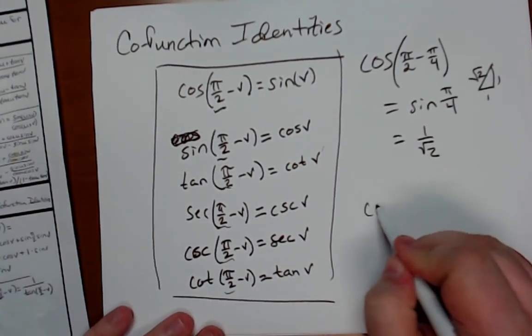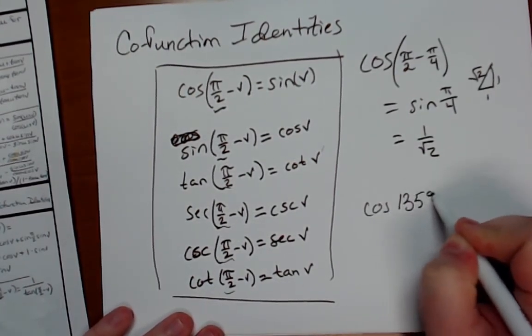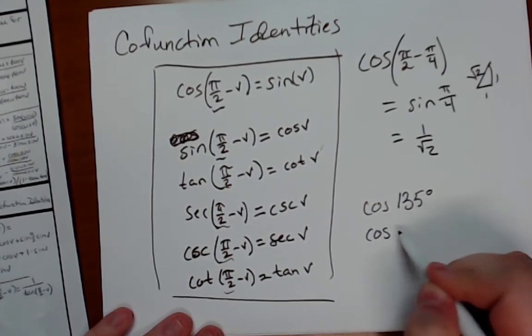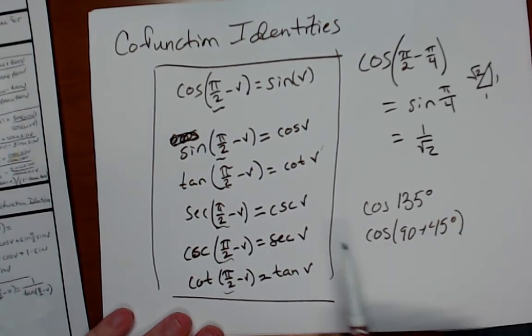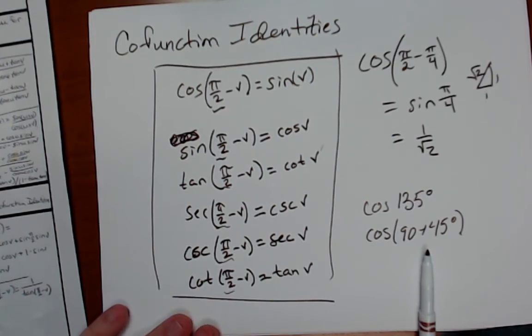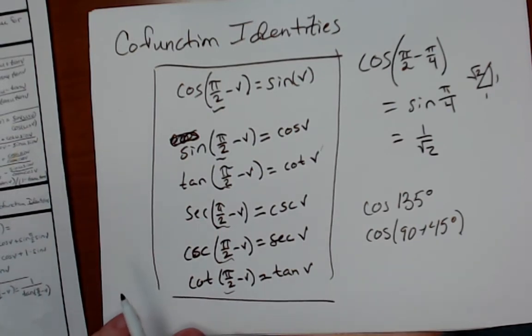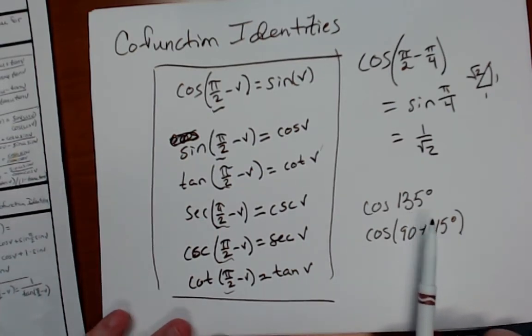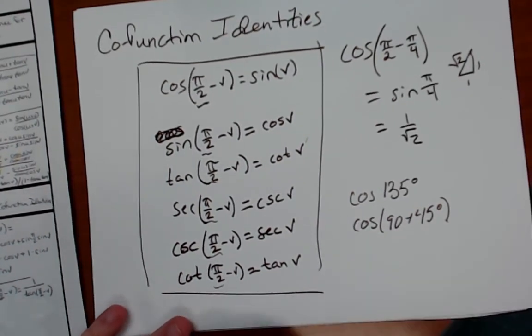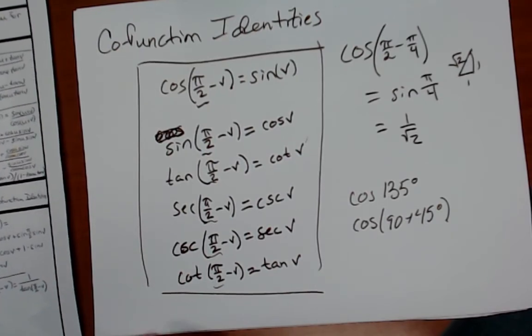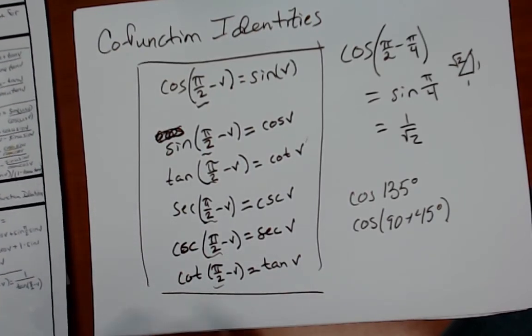So suppose you had cosine of 135 degrees. Well, that's cosine of 90 plus 45. But that's not one of ours, we do have minus. So let me think, why did I write 135 as this example? No, I don't want to go there today.